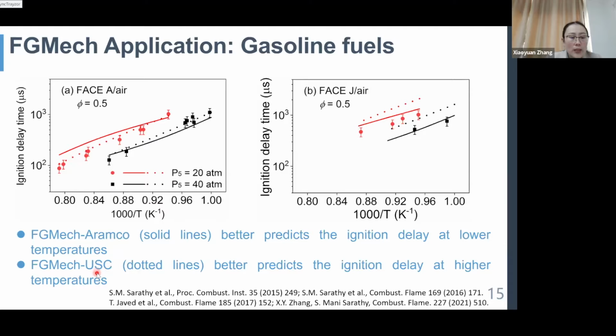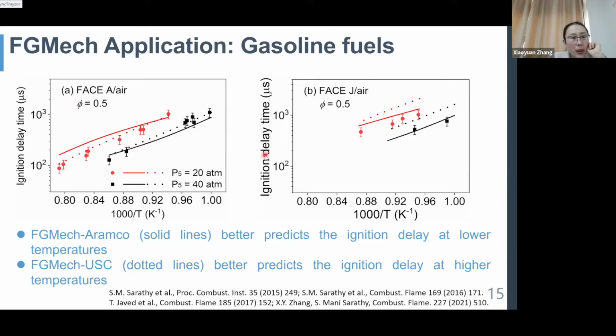The same fuel model is adopted. As we can see, at lower temperatures, the solid line FGMAC Aramco model can better predict the experimental results, while at higher temperatures, the FGMAC USC model can better predict the ignition delay time. This reveals that the accuracy of the base model largely influences the accuracy of this model approach.